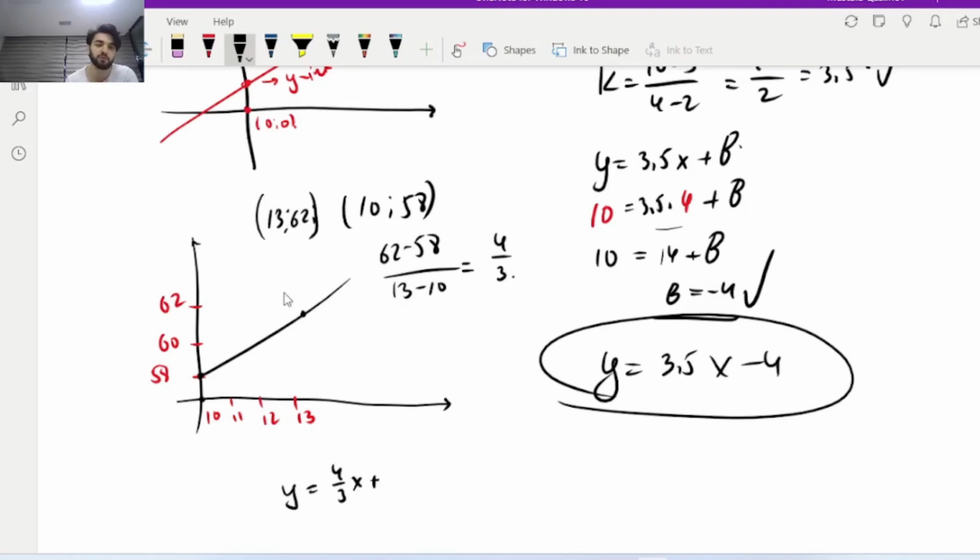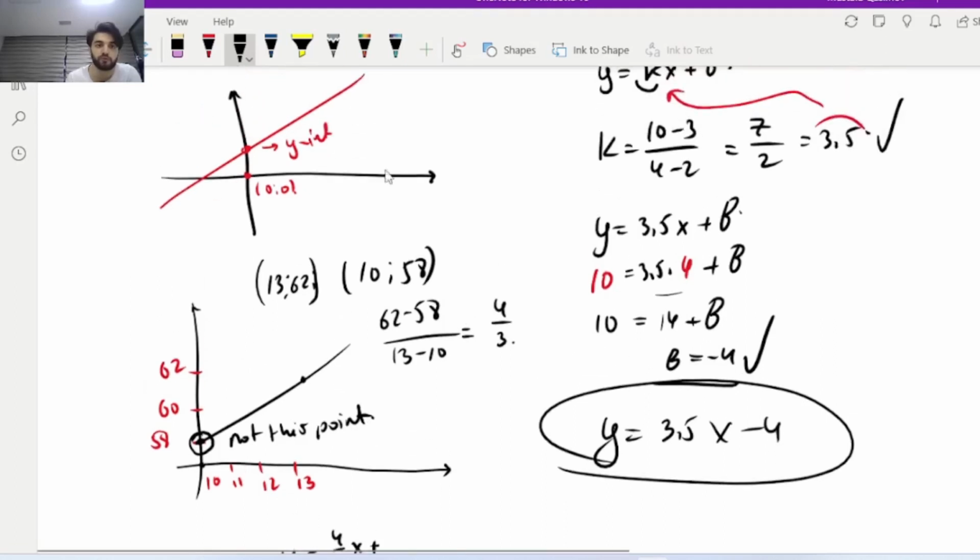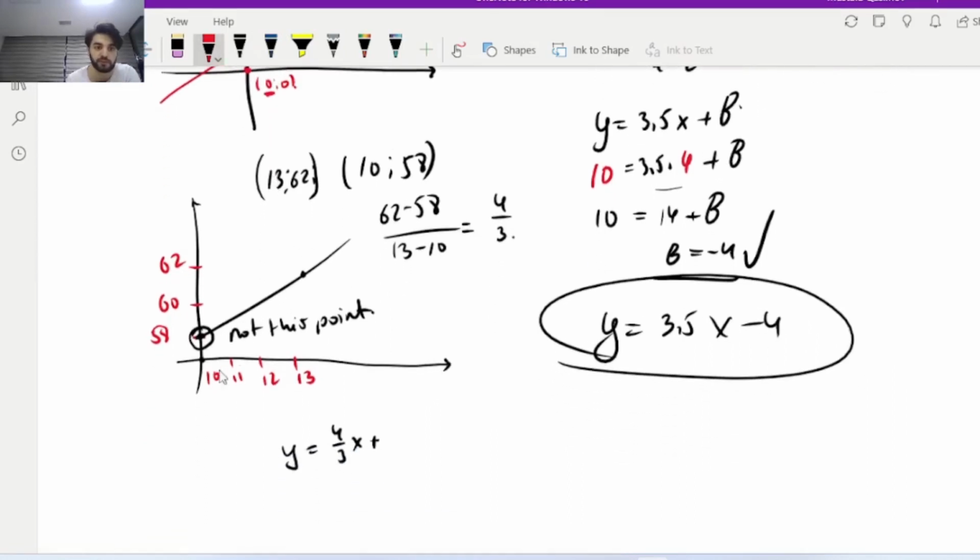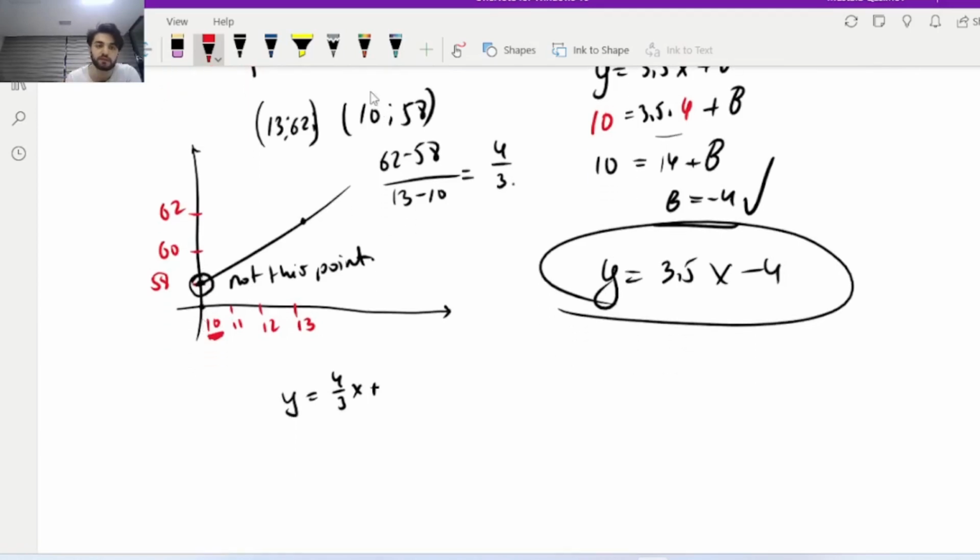Okay, now let's talk about b. For b, we say that it is the intersection point, but actually for this one, it is not this point, because for the first example it starts from 0, but for this one it starts from 10. That's why it is not our y-intercept or b. For finding y-intercept, we have to just put one of these points in the equation.